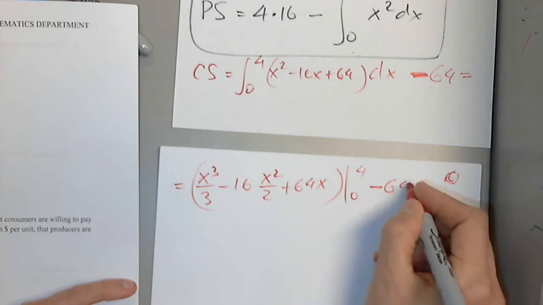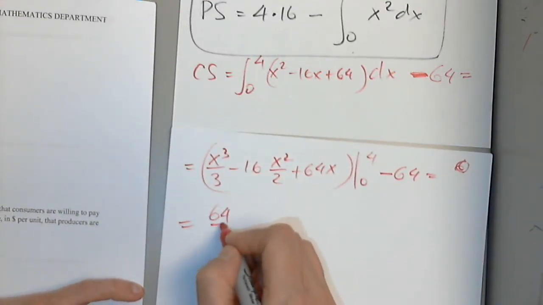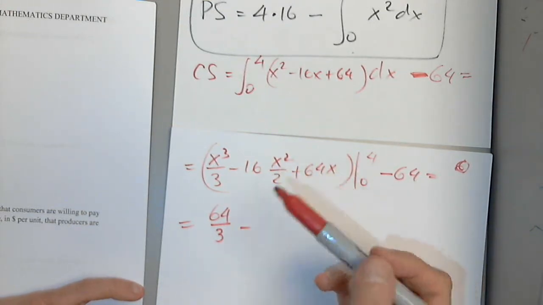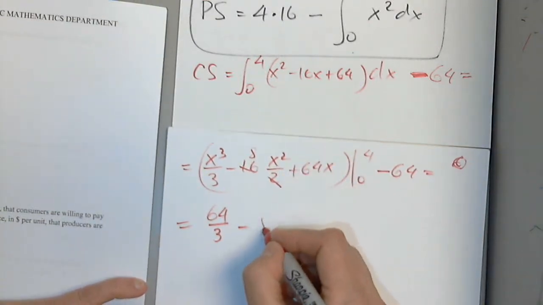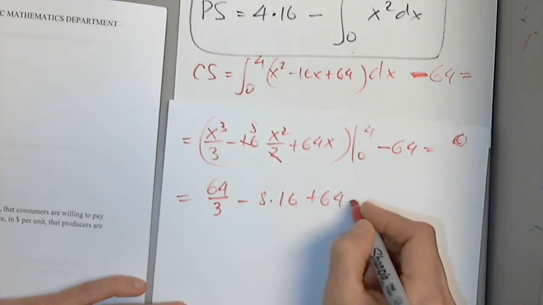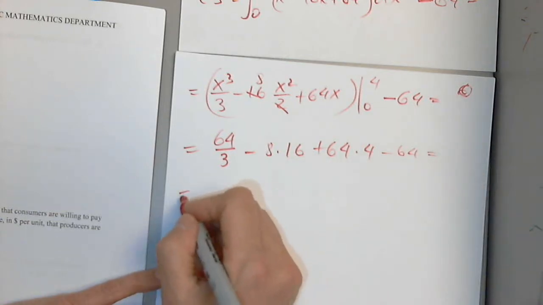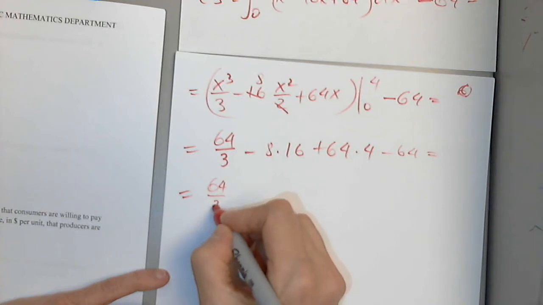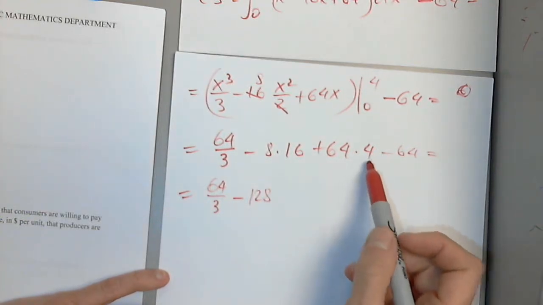And minus 64 equals, I plug in 4. 64 over 3 minus, when I plug in 4, so I'm going to simplify. So 8 times 32, no, I'm sorry, 8 times 16 plus 64 times 4 and minus 64. Okay, let's see what we get. So 64 divided by 3 minus 128.